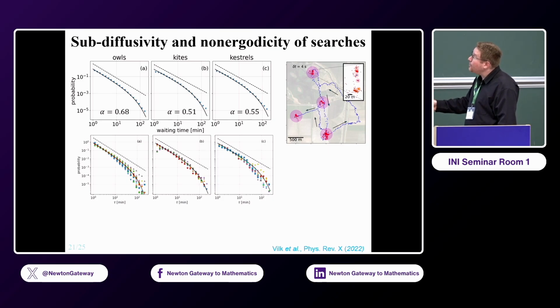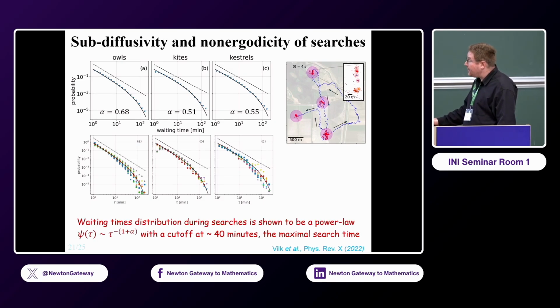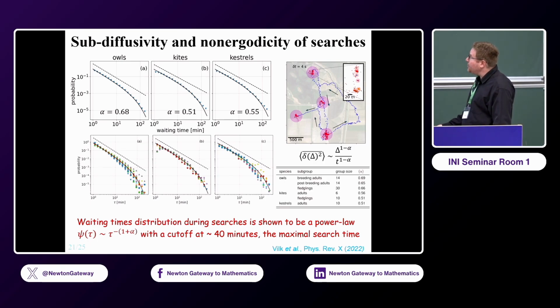And this is the distribution that we have found. This is a power law with a cutoff at around 40 minutes. So we found this functional dependence multiplied by an exponential, which has a cutoff at around 40 minutes. We will talk about this 40 minutes soon, but remarkably, the value of alpha from this graph is almost identical to the values extracted by looking at the TASD.